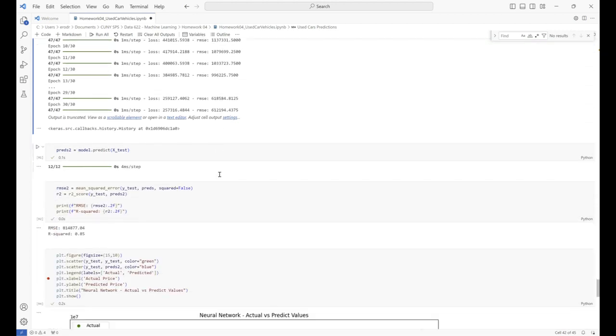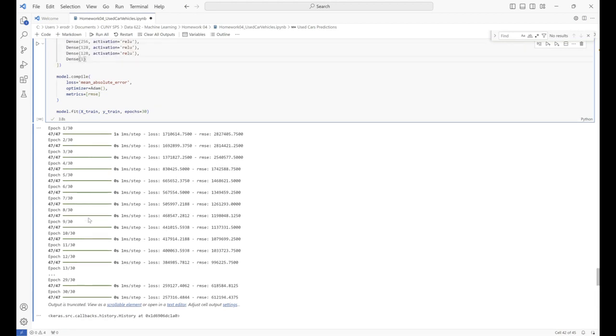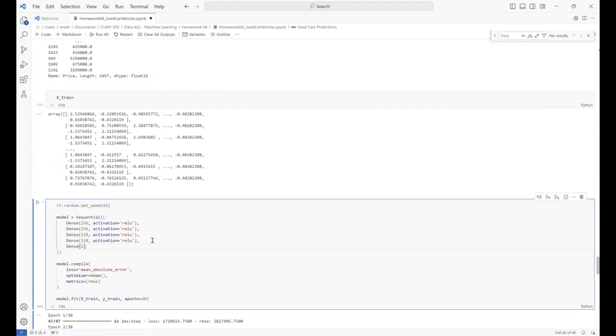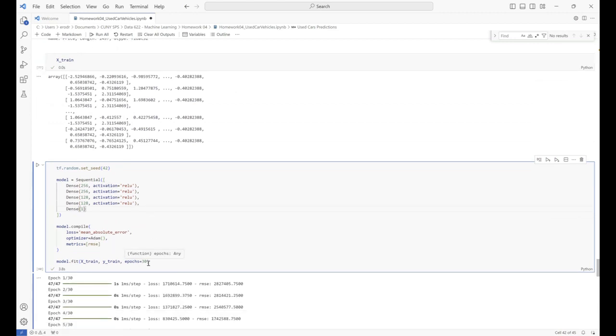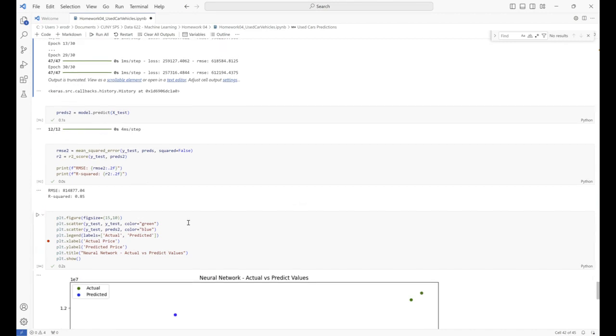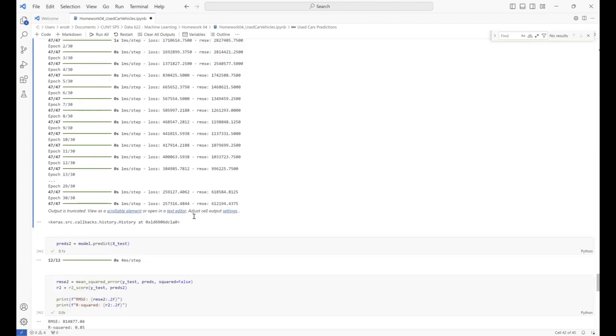And I go into my predictions, and it definitely performed better than the XGBoost model without having to do too much to it. I think if I added additional layers or nuance to the model, and then increased the number of epochs, I definitely could have gotten this number up way higher, probably into the 0.9 range. So at face value, I think the neural network performed better.